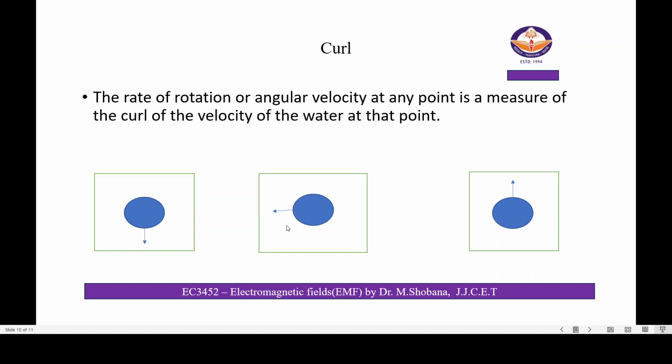In the next diagram, you can see that the disk rotates in the anti-clockwise direction with the arrow pointing in the opposite direction. In the third diagram, we see the disk rotating with the arrow pointing upward. In the whole phenomenon, the disk rotates in the anti-clockwise direction. So the movement of this disk represents the curl phenomenon.